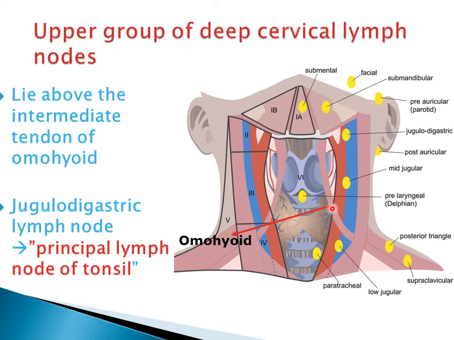Those nodes above it are called the upper group. In that, one of the important groups is the jugulo-digastric node, and you also have the mid-jugular node. Among these, one of the important nodes is the jugulo-digastric lymph node.